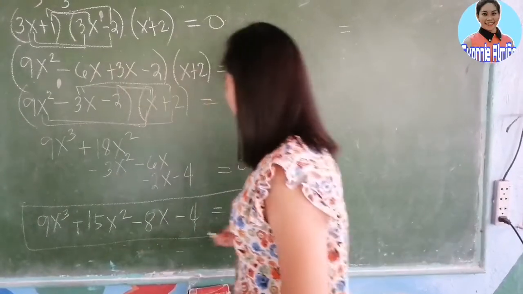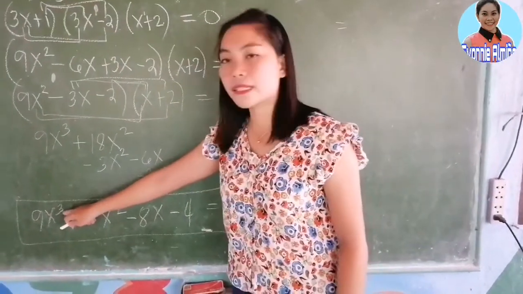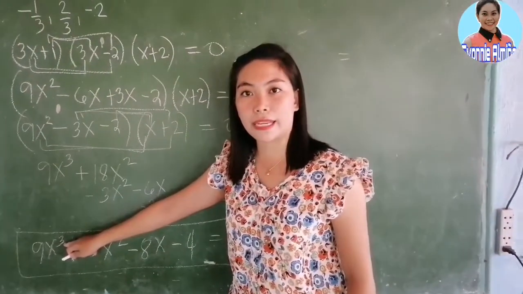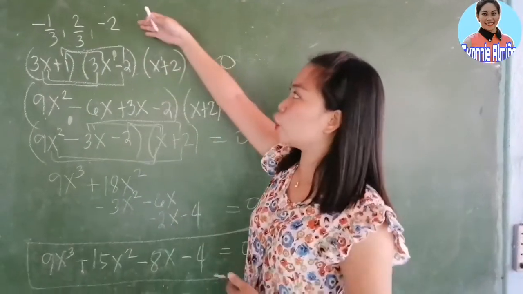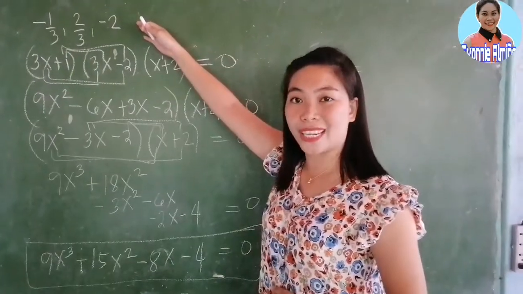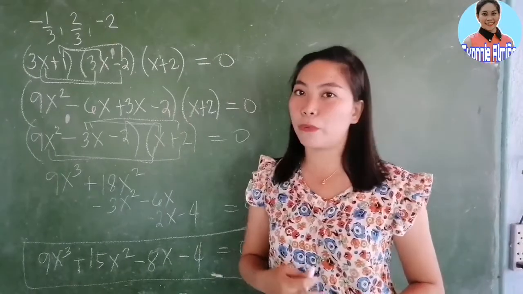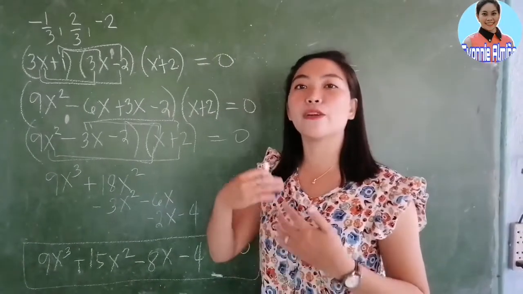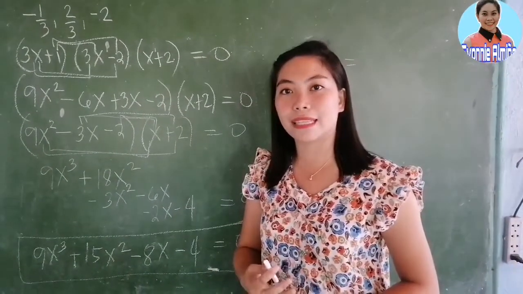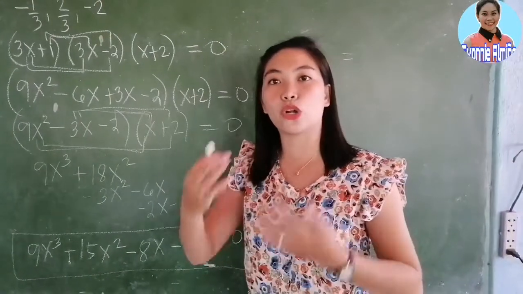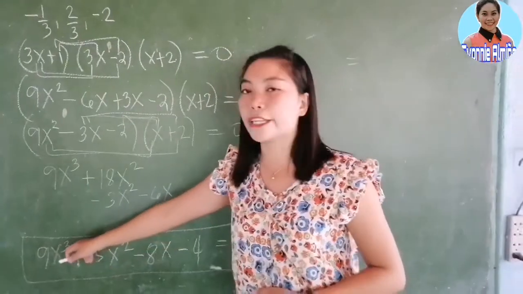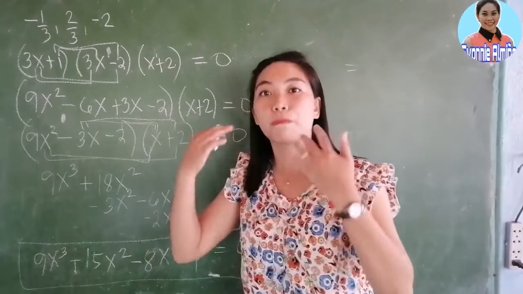Okay, what have you observed? So, the highest degree in our polynomial is a 3 that is in relation to our number of roots, which is 3 also. Lagi po niyan tandaan na kapag anuman yung number of roots natin, that is also your highest degree of exponent. That should be.